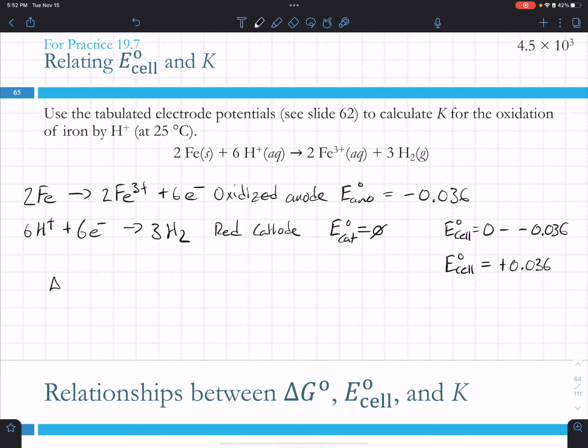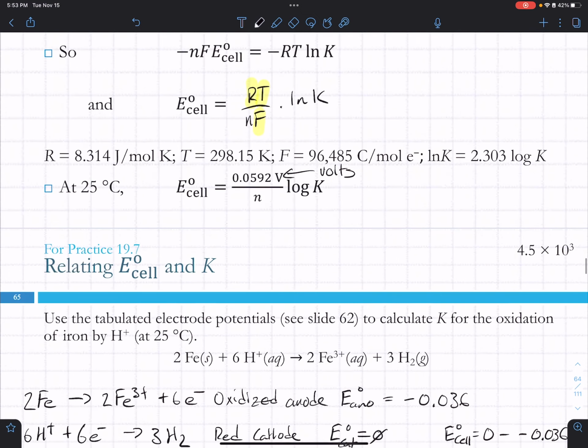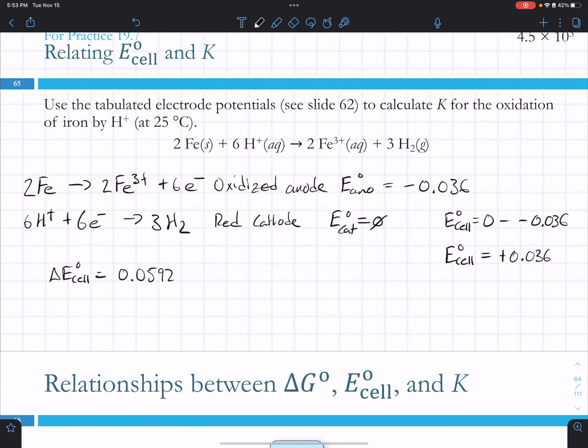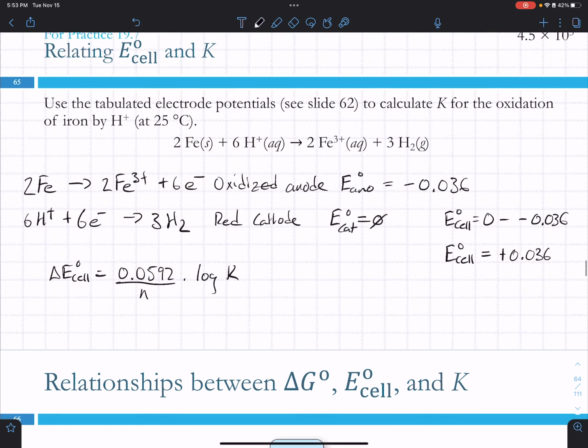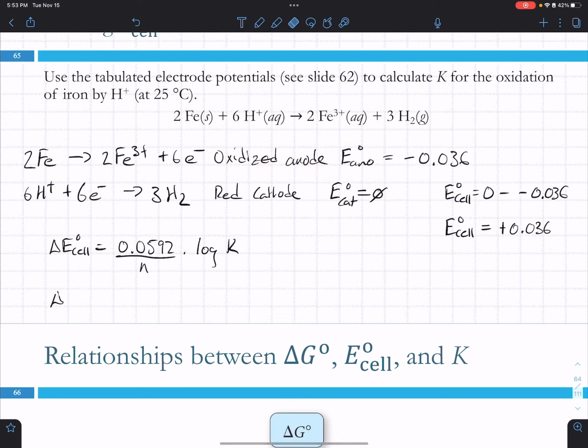Because we want to use E cell equals 0.0592 over N times, not the natural log, the log base 10 of K. So the last thing that we're missing is the number of electrons. How many moles of electrons participate in this reaction? 6. Right. Another benefit of writing out those half reactions is it tells you how many electrons are reacting.